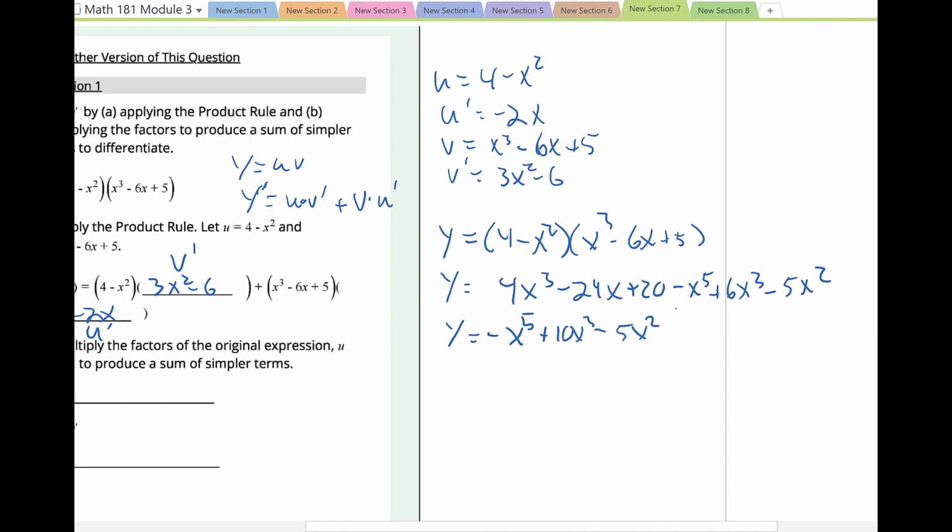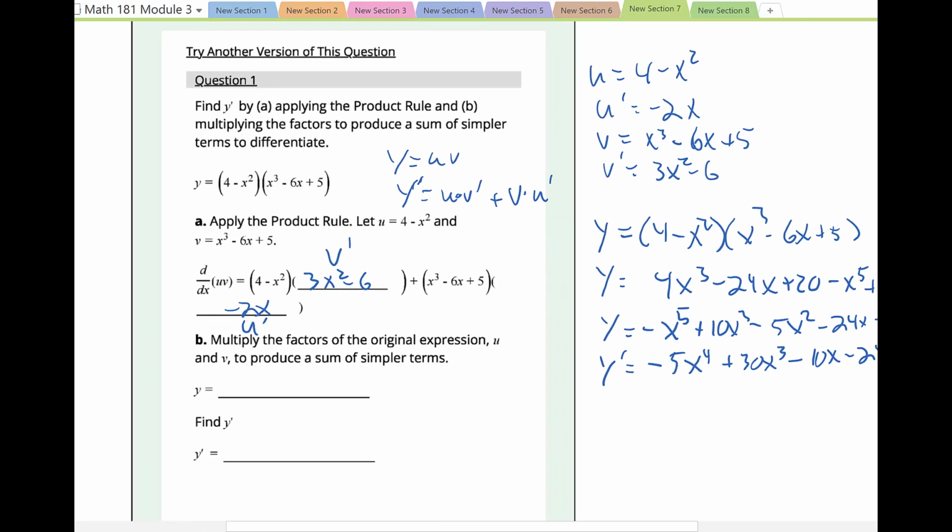And then we have minus 24x, that's the only x term. Then we have a plus 20. So our derivative is going to be negative 5x to the 4th plus 30x cubed minus 10x, that's 2 times 5, and then minus 24, and of course the derivative of the constant is 0.